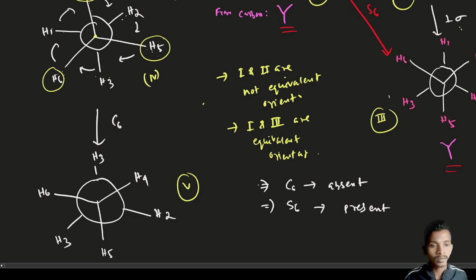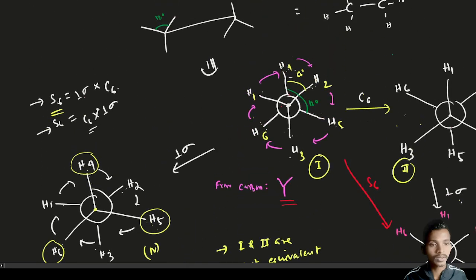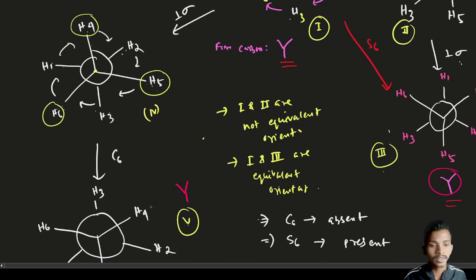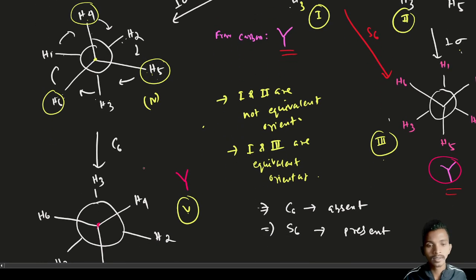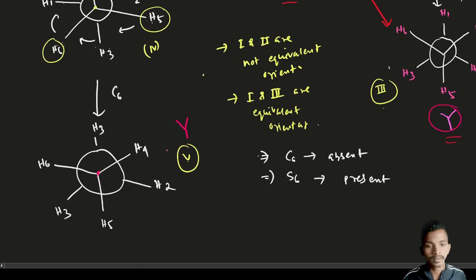So from B and 3 we will look that this is the straight Y. Here also you see that this is the straight Y, and here also we have the straight Y, which means the front atoms are in the straight Y. Here comes H1, so this is not S3, this is H1.